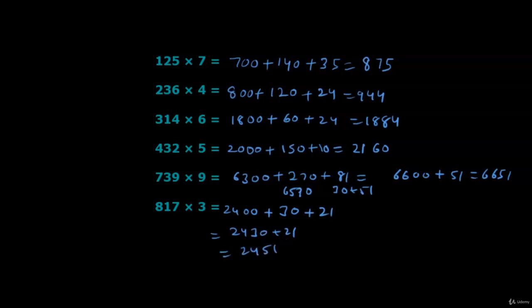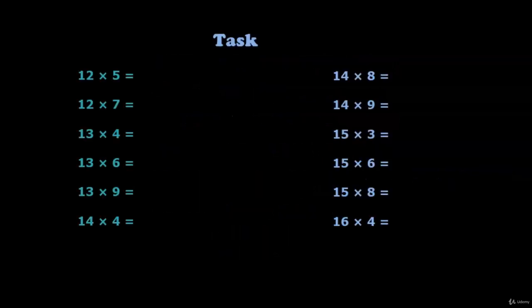So this is how you can practice. Writing the table of 3-digit numbers can be slightly difficult and needs more practice, but writing the tables of numbers below 100 is very easy and you can write the answers in no time. And now there is a task to practice more tables.